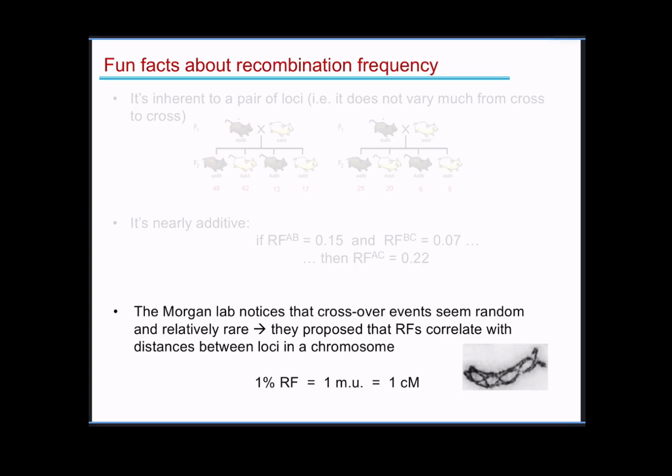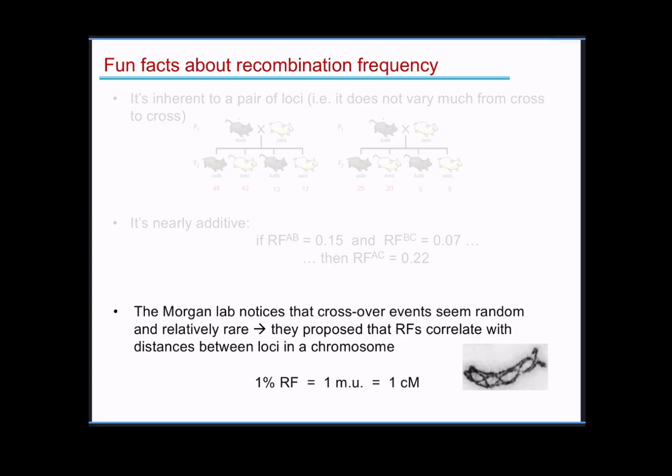So at the time, it wasn't totally obvious what that could mean, but in time, the Morgan lab started putting it together. They saw that there were certain loci that were partially linked, just like Bateson, Punnett, and whoever else had seen with those plants.